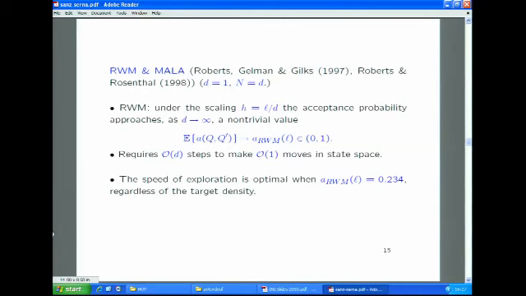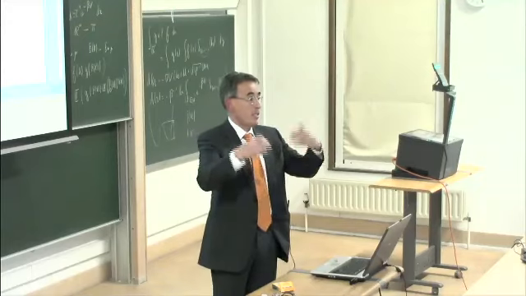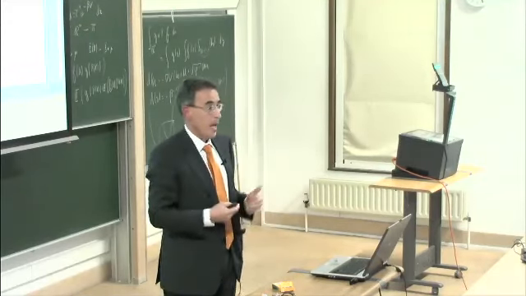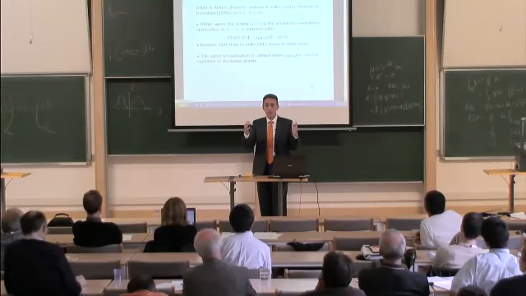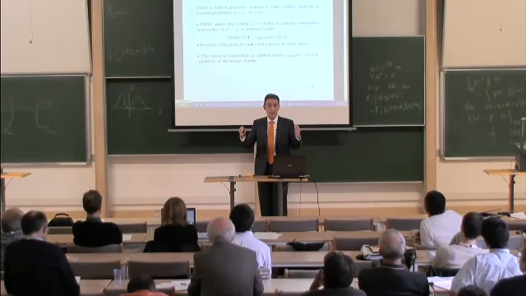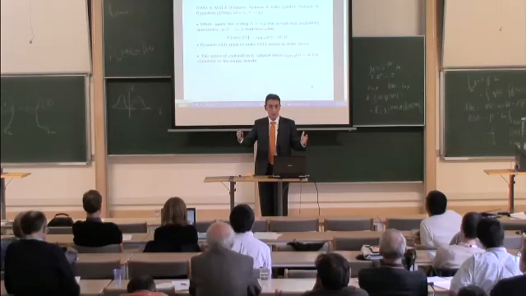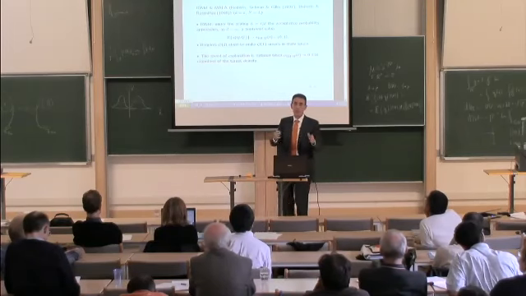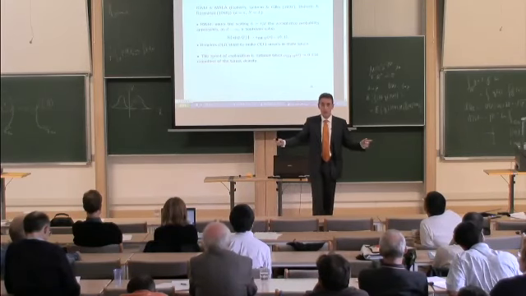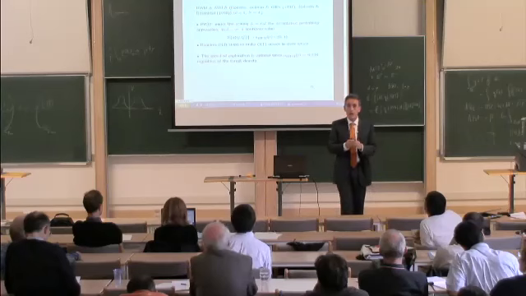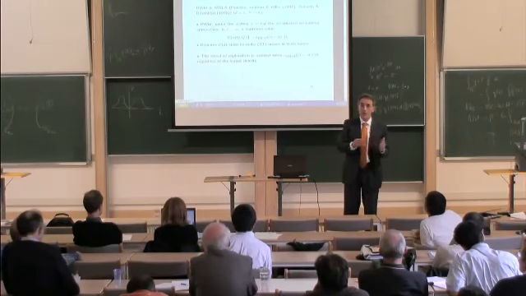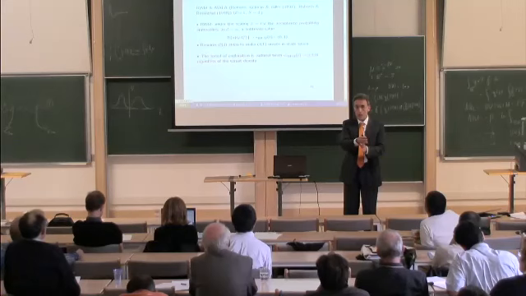To make this maybe more clear, if I take the length of my step to be constant, say, and I increase the dimensionality of the problem, I will find that I'm rejected more and more often, and then the algorithm doesn't make any progress. So what this result tells me is that whenever I double the dimensionality of the problem, I should be more modest, and I should halve the variance of my step in the random walk.